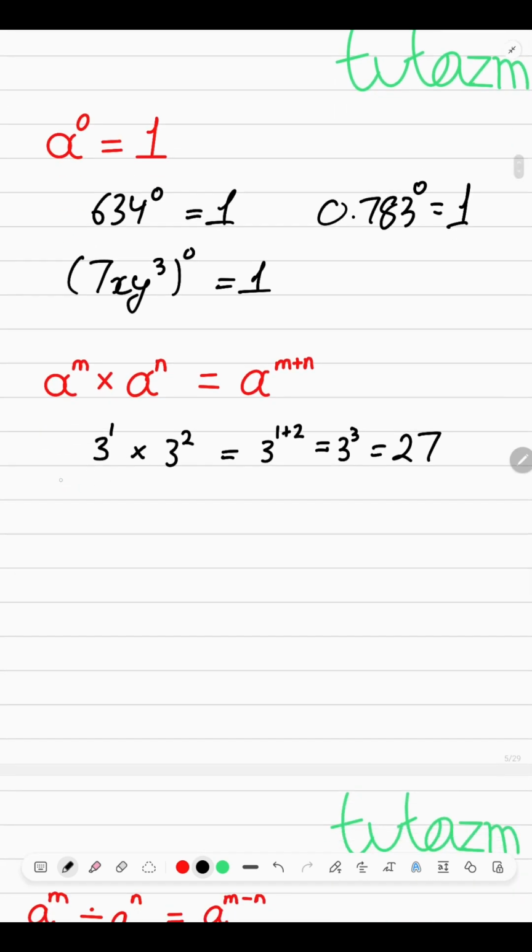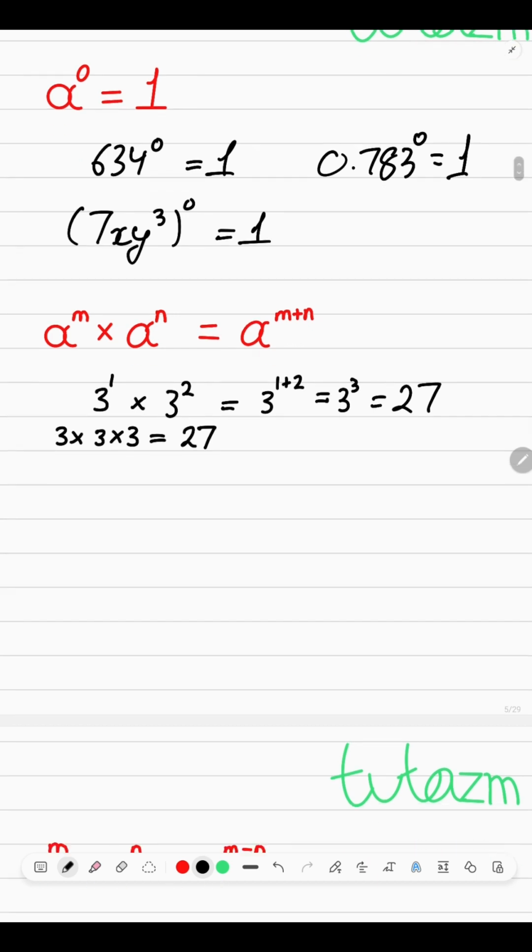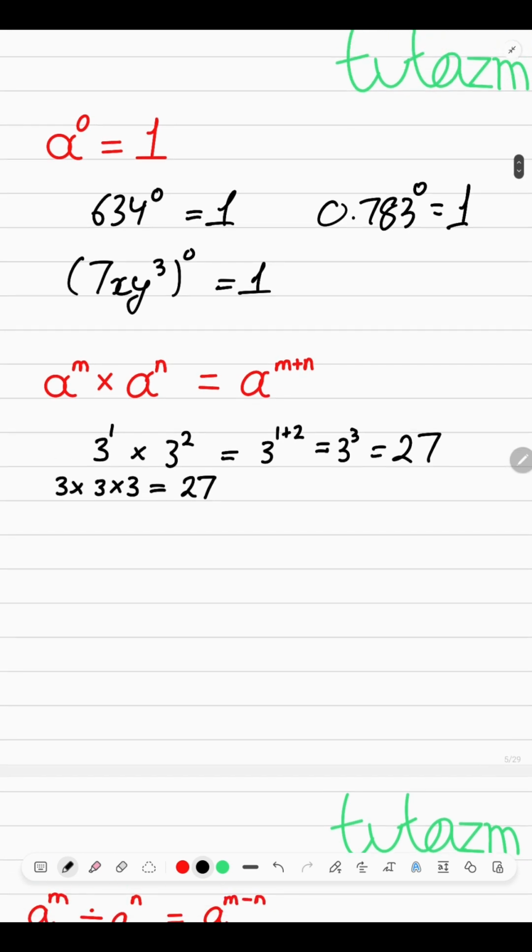This makes sense because if you actually write these numbers out, you'd get 3 times 3 twice, so 3 times 3 times 3, which would be 9 times 3, which would give you 27. This doesn't work for numbers that don't have the same base, which is going to be the case for all of the other laws of indices.